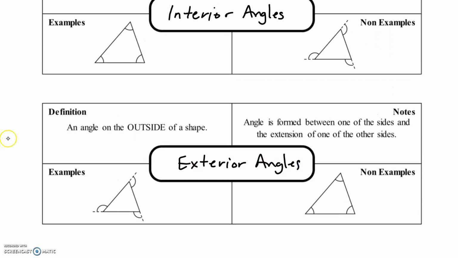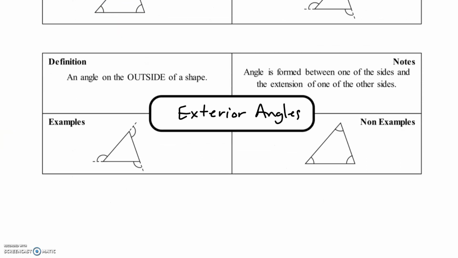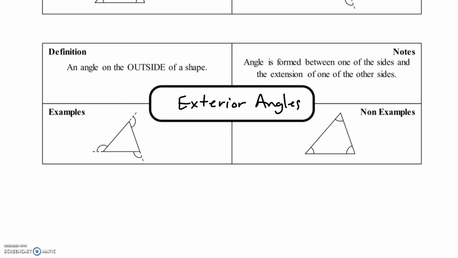So an interior angle is pretty self-explanatory; it's going to be on the inside here. In order to get an exterior angle, you actually have to extend one of the sides. So if I had this triangle and I extend this side, I create an exterior angle, and then here's the interior angle.